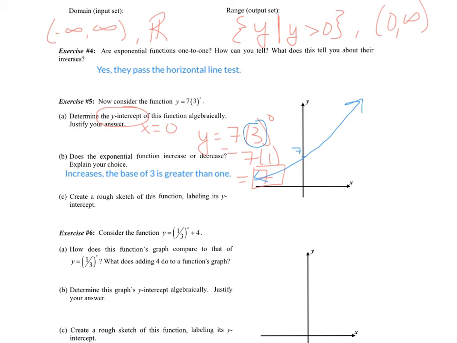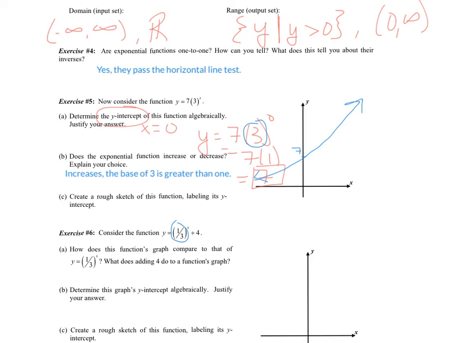Now, number 6, notice our base is not greater than 1. It's actually between 0 and 1. It's that fraction. And that should automatically tell us that the graph is going to be reflected over the y-axis, just like it was in exercise 2. So for part A, how does this function's graph compare to that of 1/3 to the x?